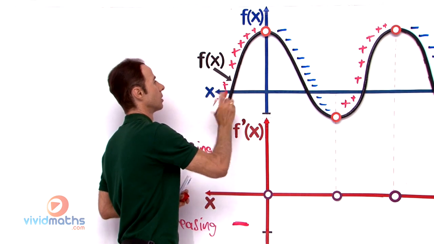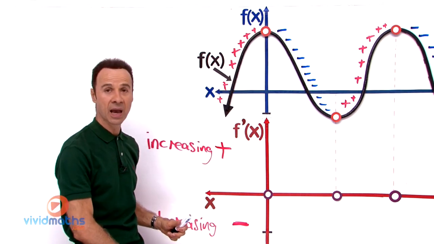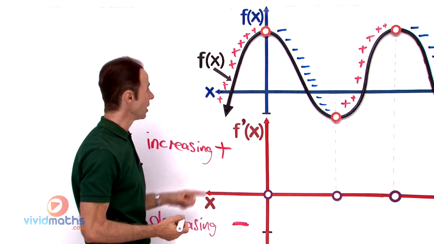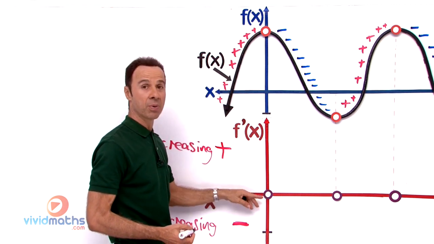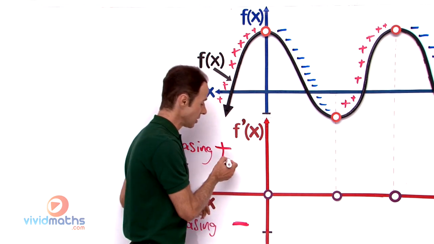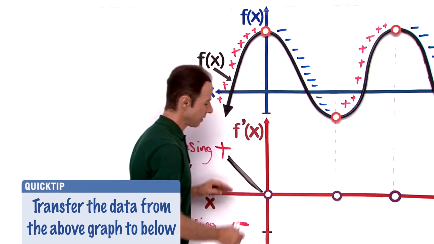All this section here is going to be above the x-axis. So that means this, until it hits the stationary point here, will be above. If we're going to come from above, we can't come from here, we've got to come from here. So the curve will be doing this. It's coming like that, like that.